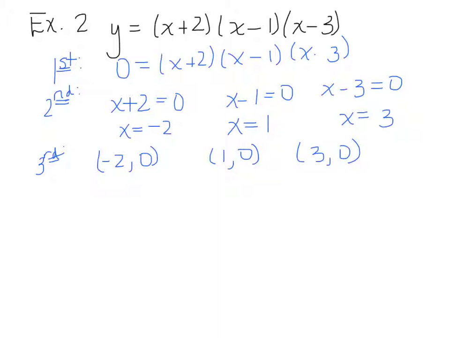Alright, so we have our zeros. If you notice, we have 3 zeros, which means our degree is 3. Or I should say 3 x's. So this is an odd, and our leading coefficient is 1. So this is a positive odd.